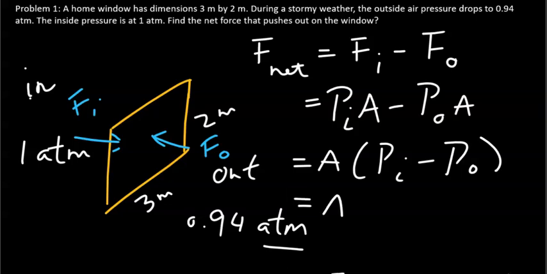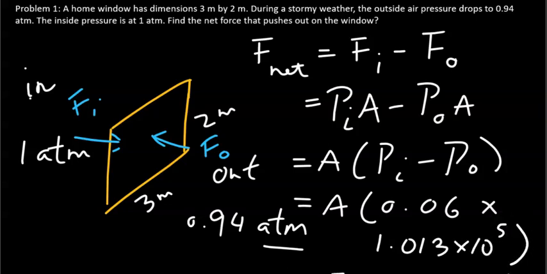Now, what is Pi minus Po? It's 1 ATM minus 0.94 ATM, which is 0.06 ATM. Now we need to convert it to Pascal by multiplying it by 1.013 times 10 to the power 5.